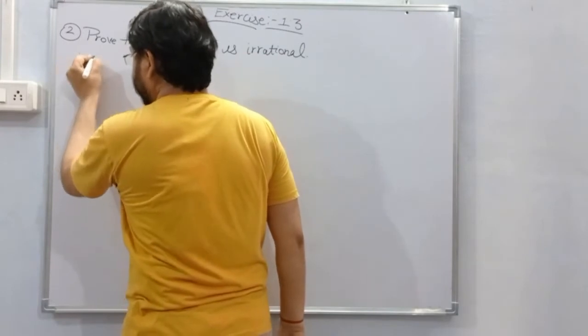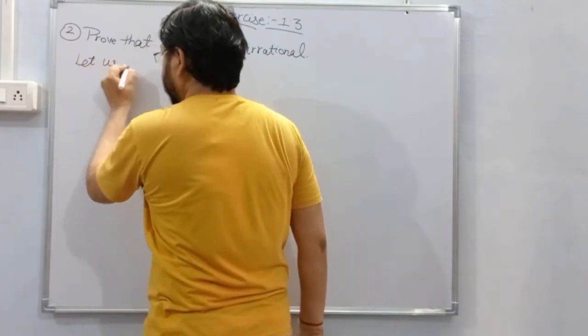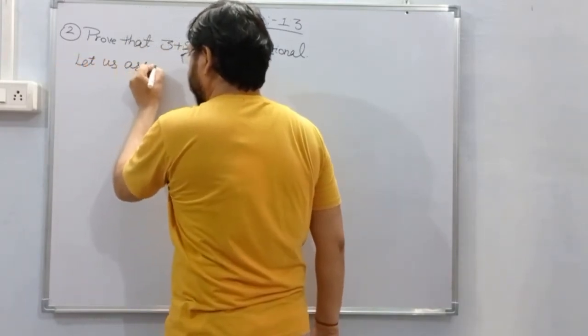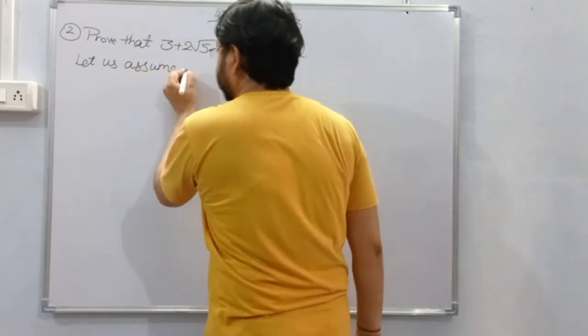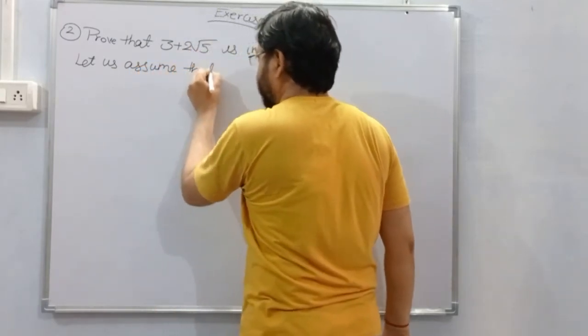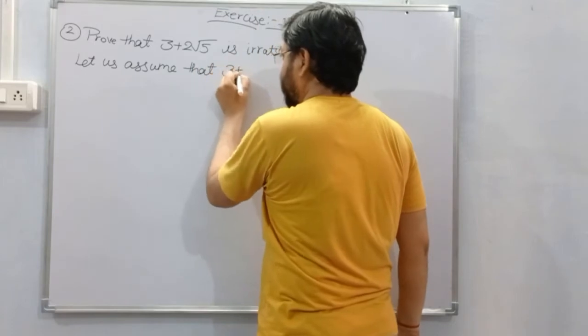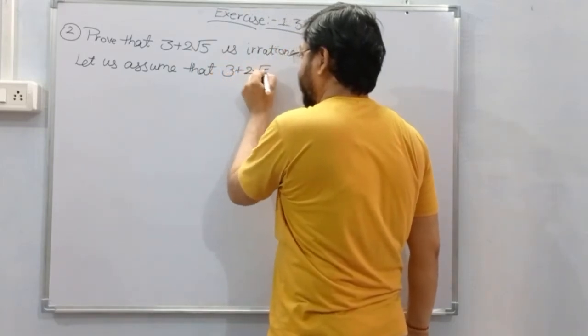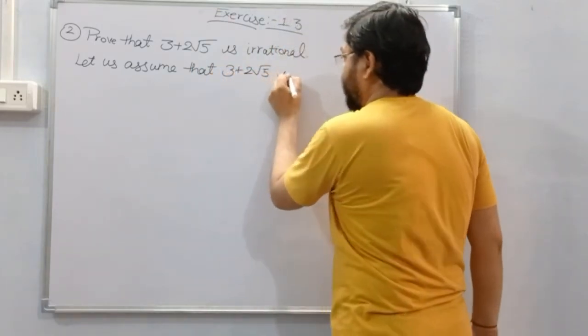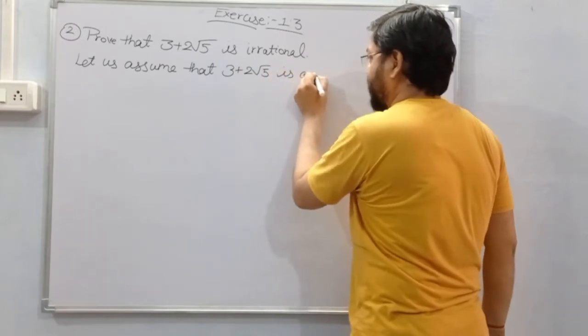Let us assume that 3 plus 2 root 5 is rational.